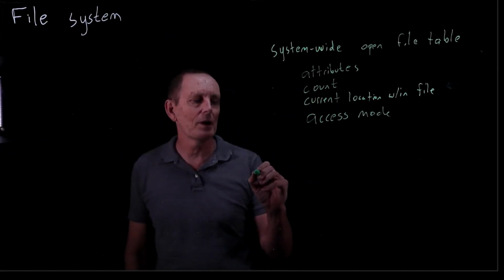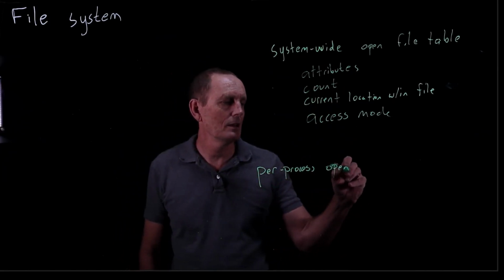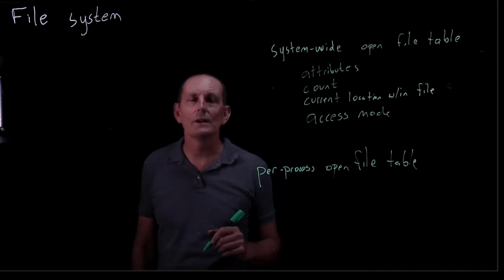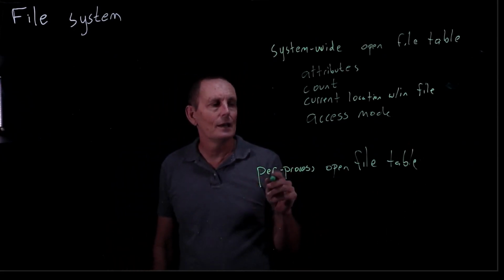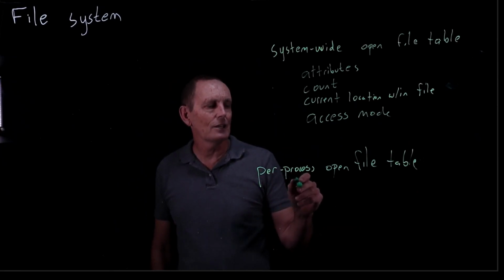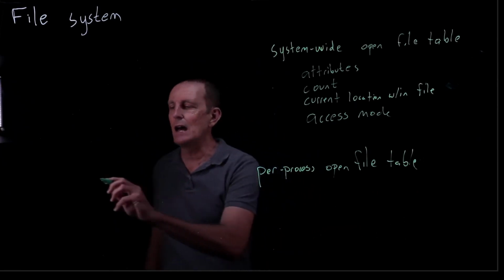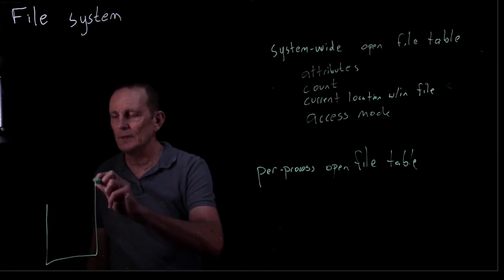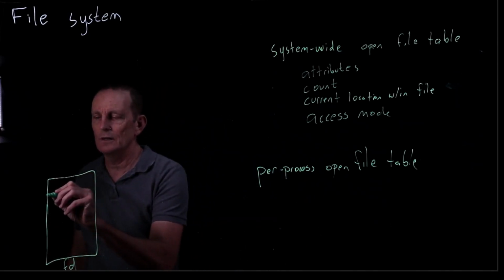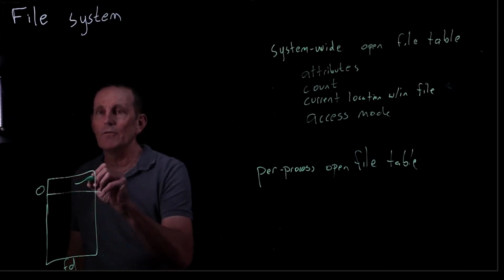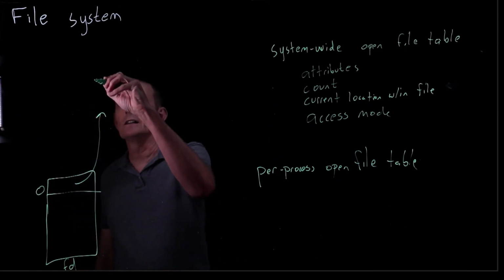Then we also have a per-process open file table, right? Those are basically indexed by the file descriptor. Some of these can share. So we could, for instance, have a process which has a file descriptor, let's say 0, that references this particular file.